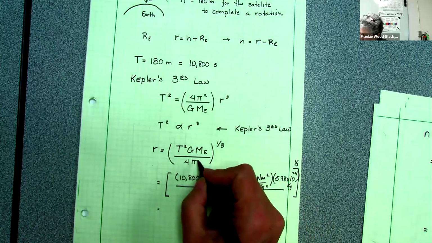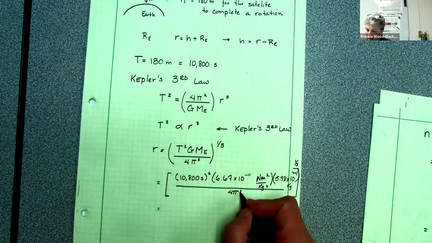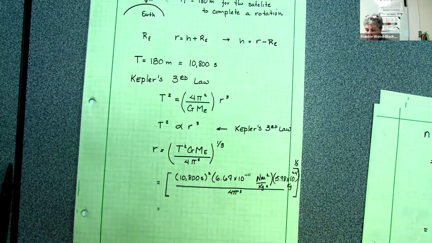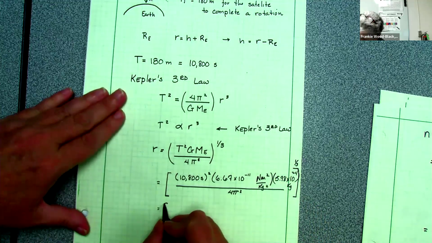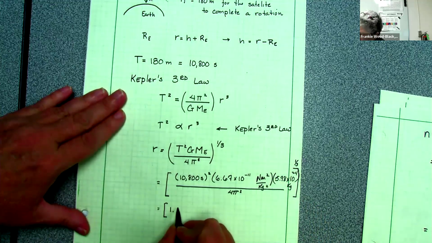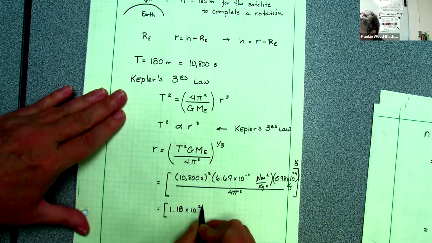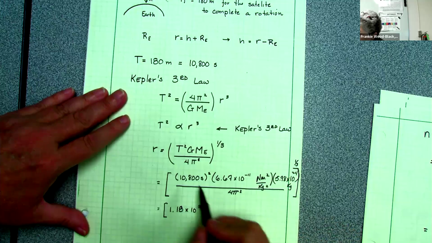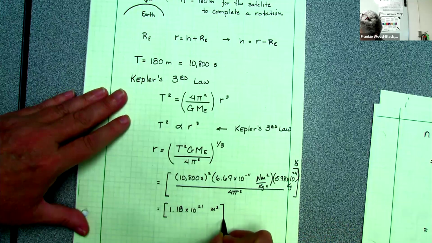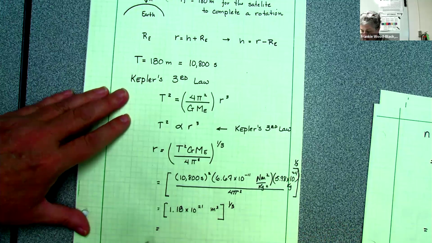Make sure we keep our pi squareds in here. Now I get a number that looks like this, 1.18 times 10 to the 21st, and that will ultimately be in meters cubed. And that's to the 1/3.